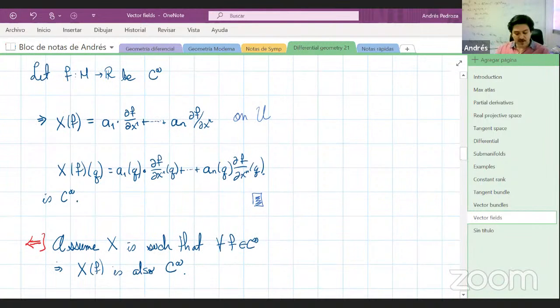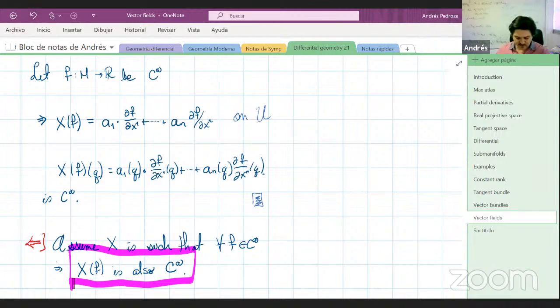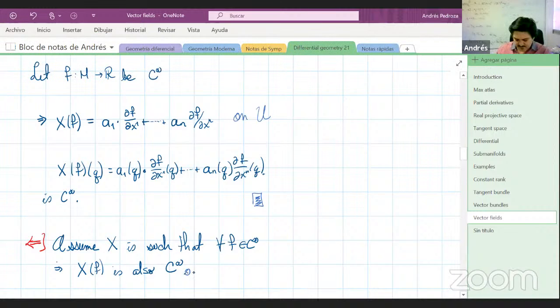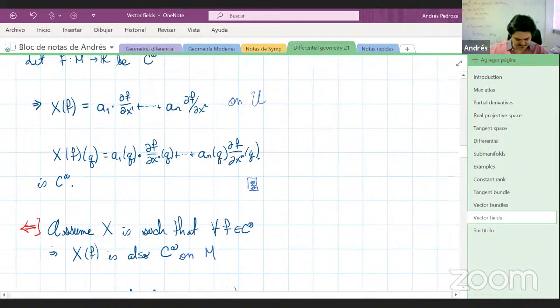The only thing that we know is that every time that I have a C infinity function, this is C infinity. That's what we know. Obviously, by this I mean C infinity on all of the manifold. I want to show that the vector field is smooth. Again, we will prove this locally.